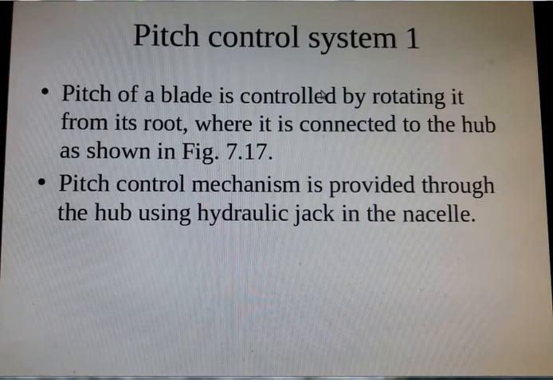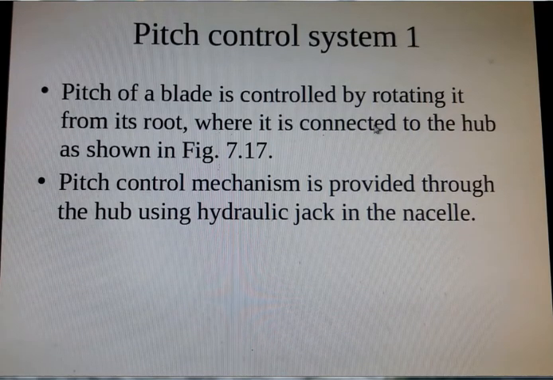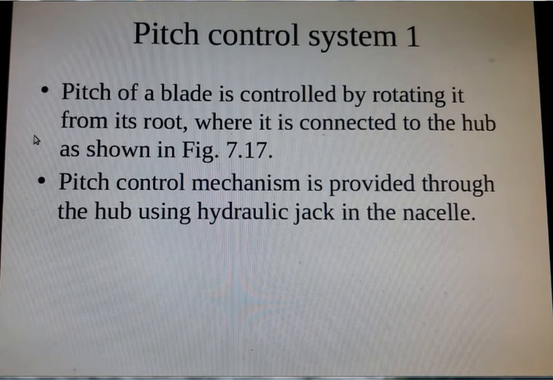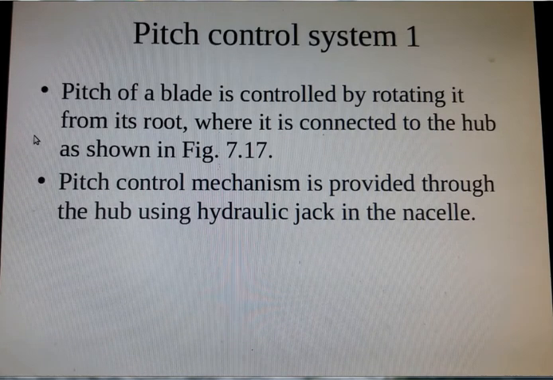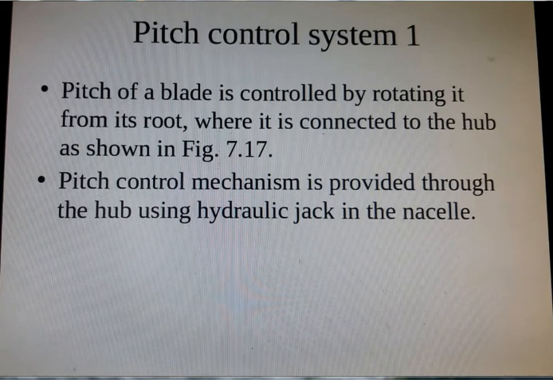So the pitch blade is controlled by rotating it from its root where it is connected to the hub. The pitch control mechanism is provided through the hub using a hydraulic jack in the nacelle.